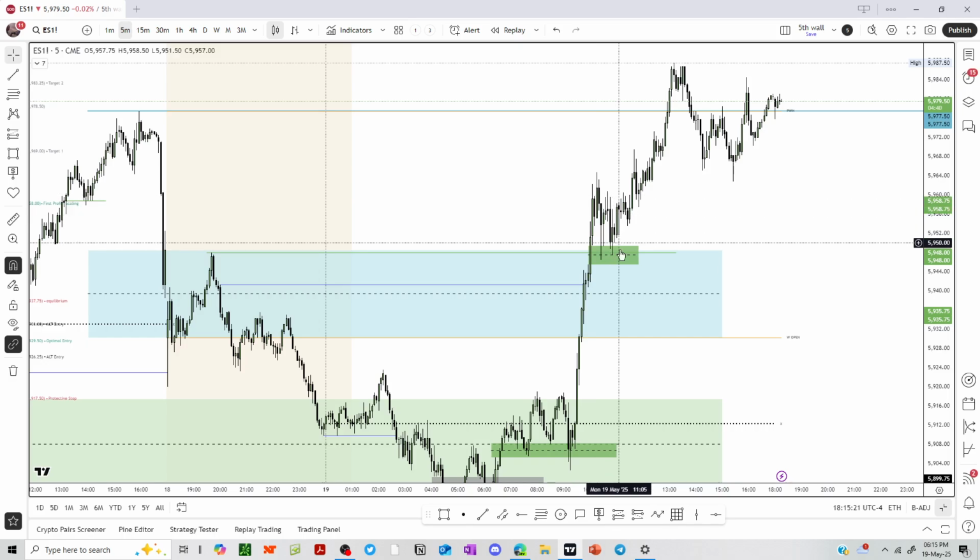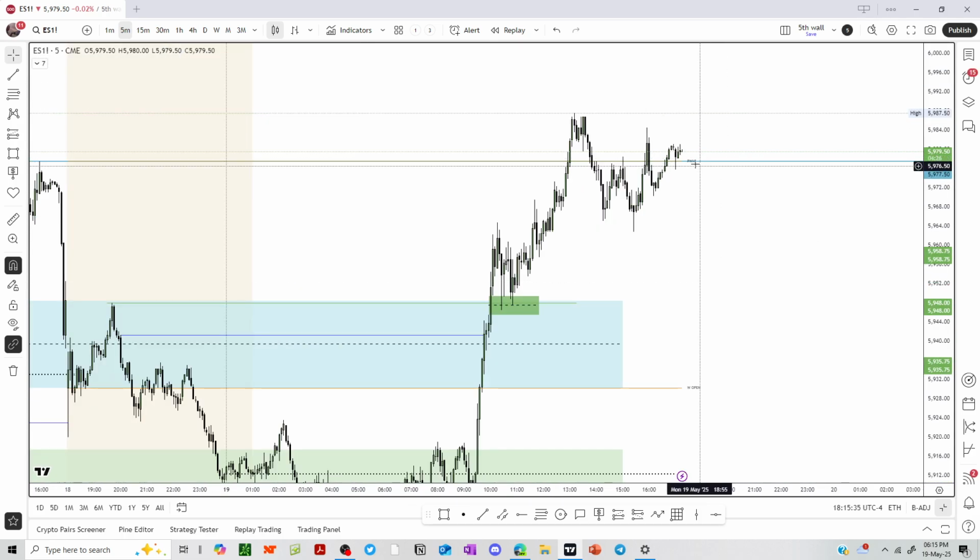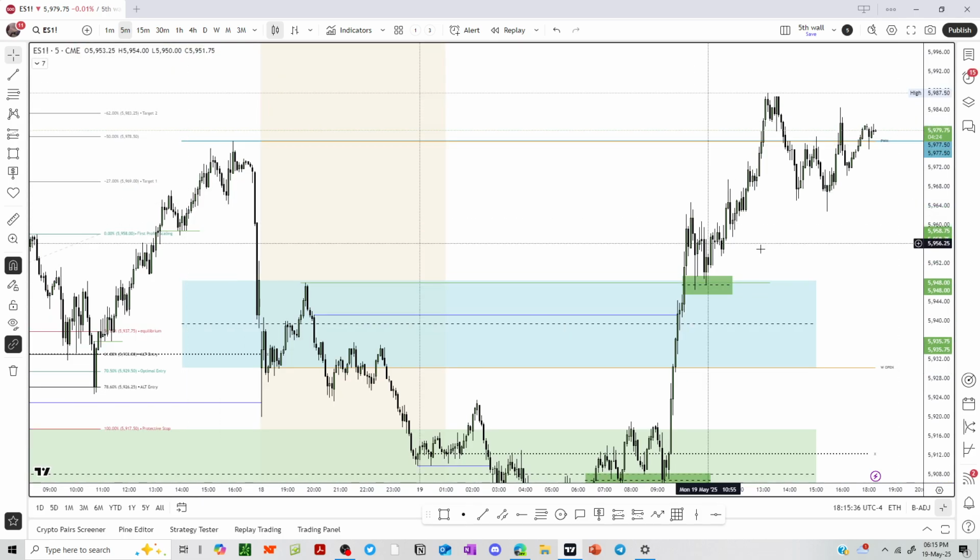So a retracement and a push higher. Yeah. So I like it. And targeting the previous week's high, like we already pointed out.